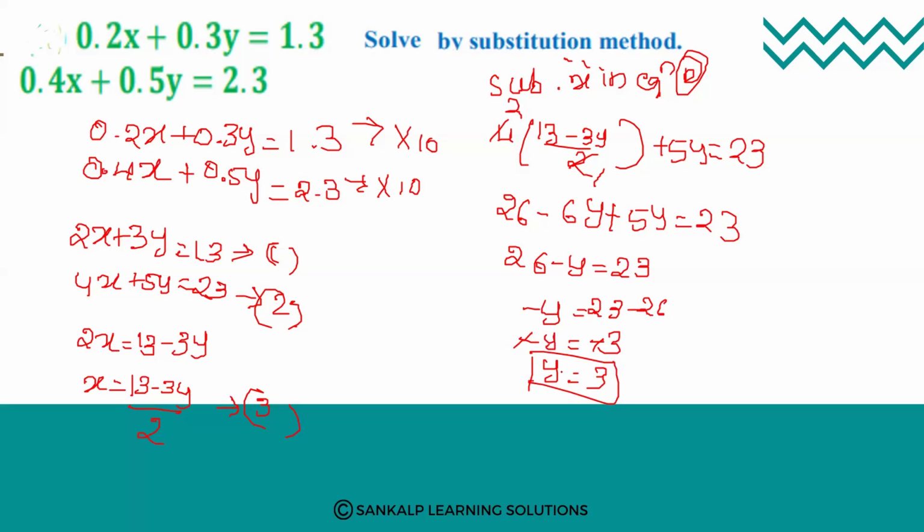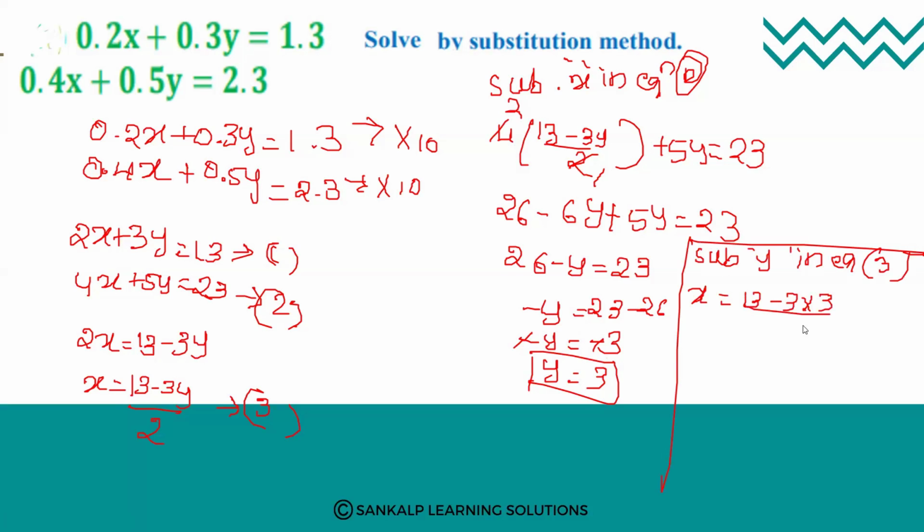Now substitute the value of y in equation number 3 in order to get the value of x. So equation number 3 is x is equal to 13 minus 3 into 3 divided by 2.